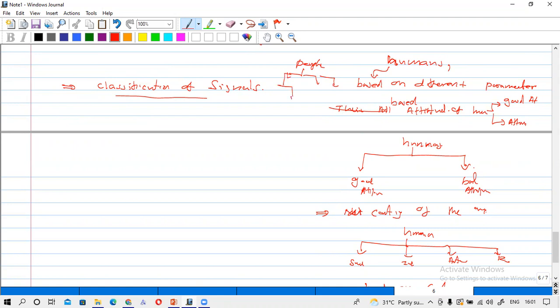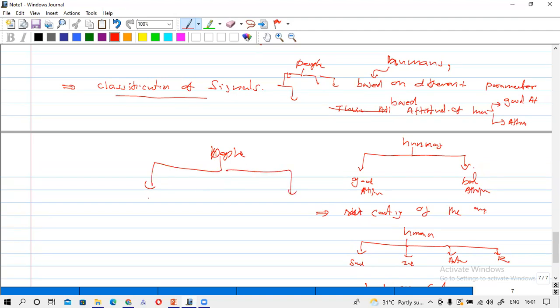For example, first we classify people according to color, white and black, then the white people can be classified into good and bad, and the black people also into good and bad.